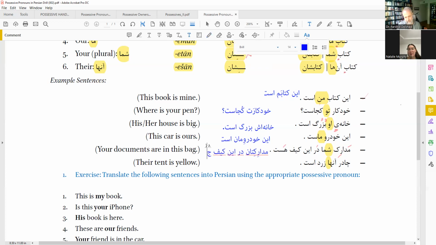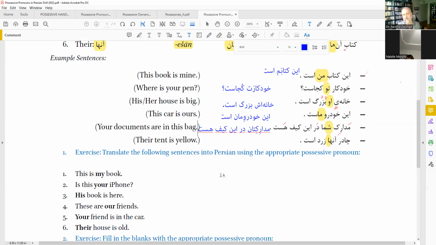Perfect. مدارکتان در این کیف هست. Just put a little bit more overlap there. So مدارکتان در این کیف هست.